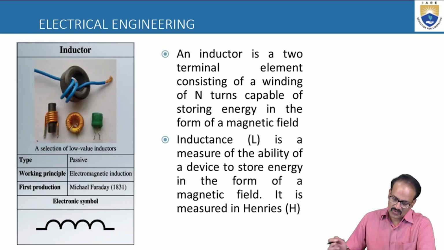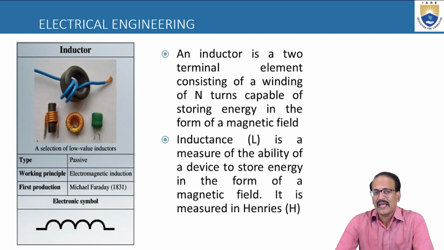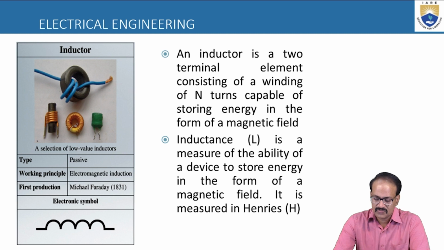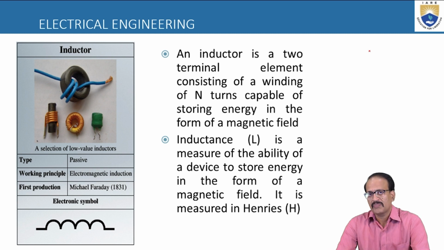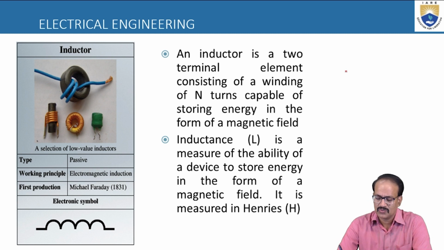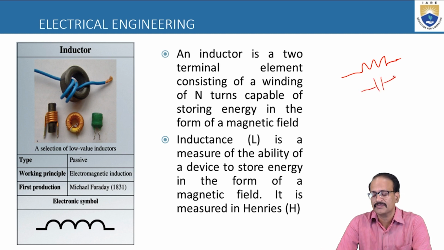Next we will go to another passive element in the circuit, that is the inductance. It is also a two-terminal element. The source is a two-terminal element, the resistance, which we represent in the form of a triangular wave, is also a two-terminal element, and the capacitor is also a two-terminal element.